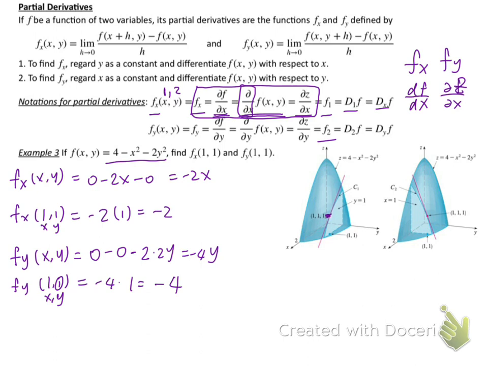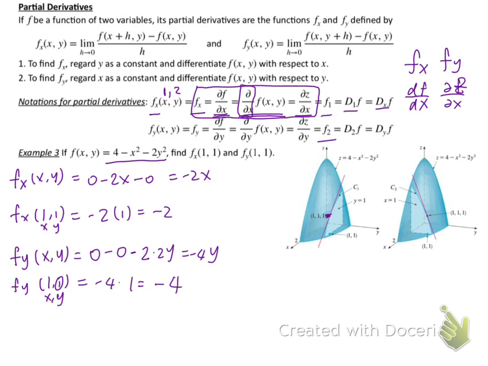And what these two functions are is like you sort of slice the blue surface open along a plane perpendicular to the y-axis, that is where y equals 1, or you slice it open perpendicular to the x-axis at 1, which will be the plane x equals 1.